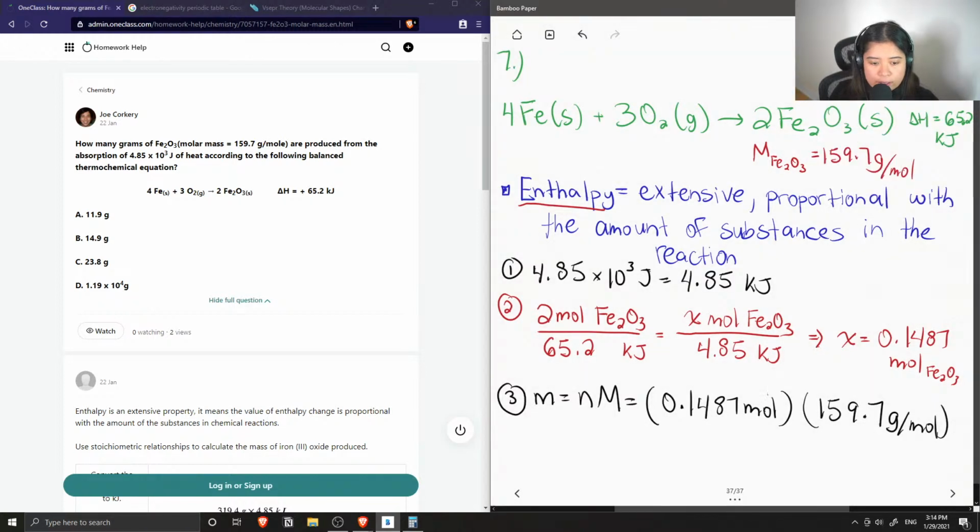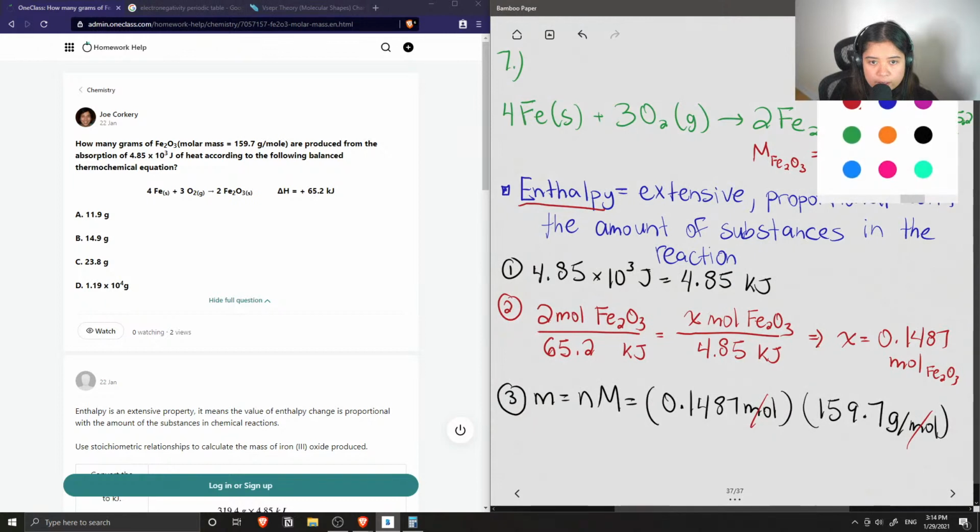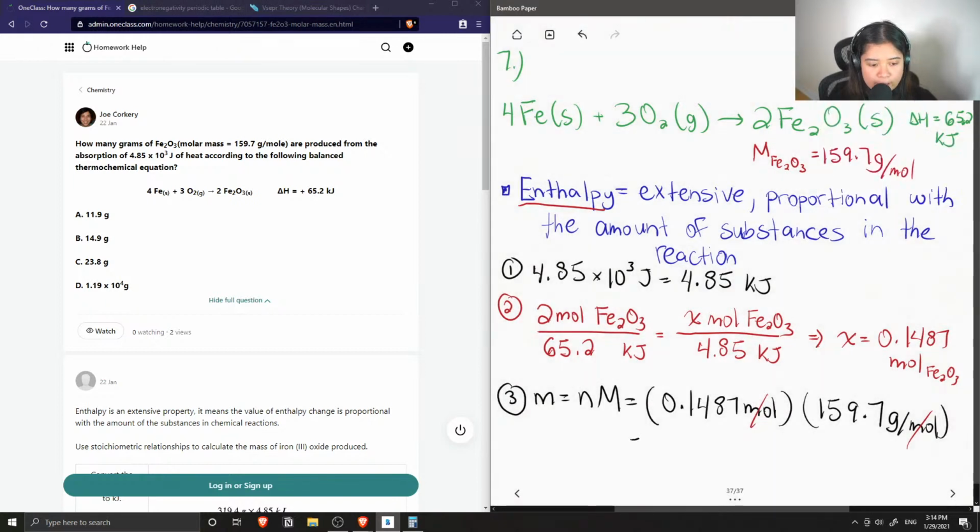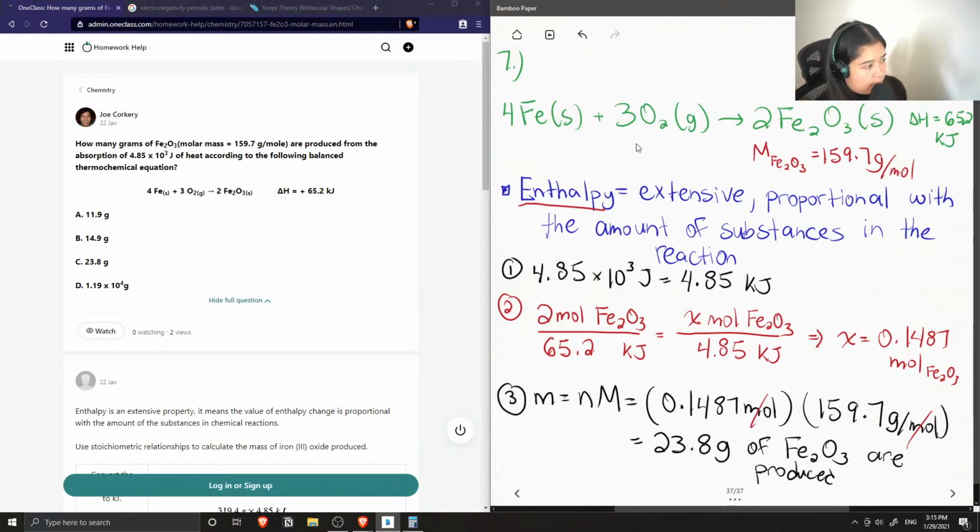Now you'll see that our moles will cancel out, and we're left with our mass in grams. So you should end up with around 23.8 grams of iron oxide produced. So this is option C.